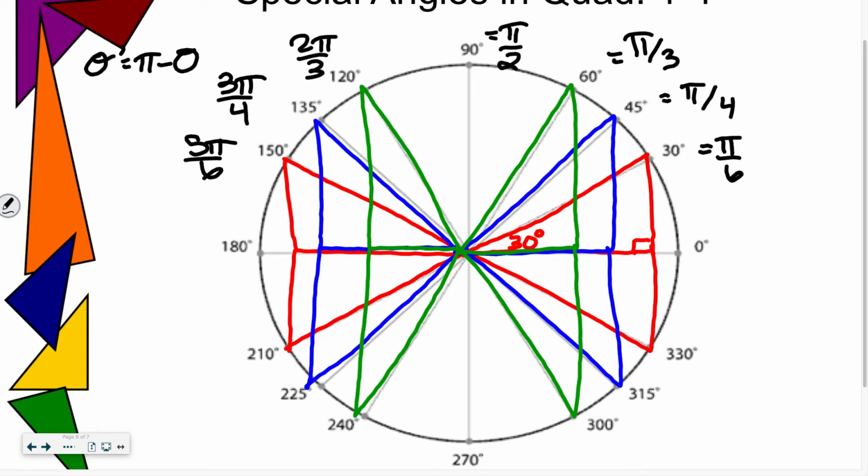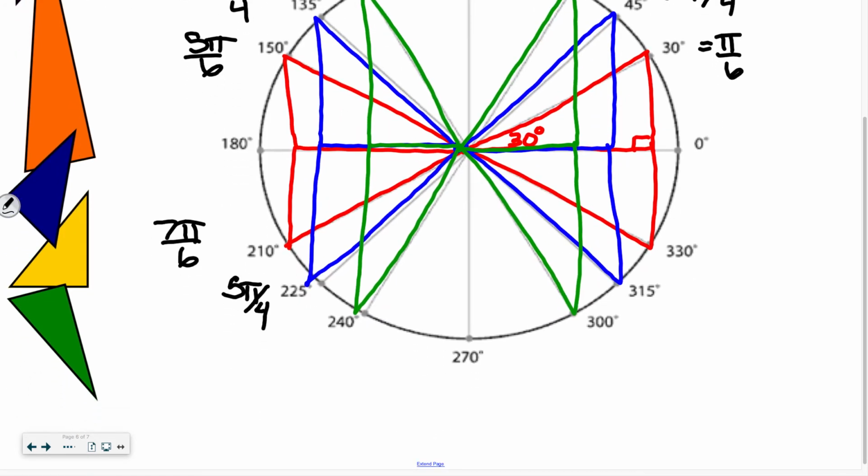In the third quadrant, you have to add them to pi. So then this one's going to be 7 pi sixths, 5 pi fourths, and what about 240? 4 pi over 3, because it's part of the pi over 3 family. It's green in my picture.